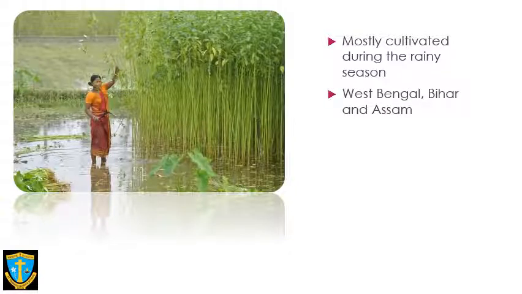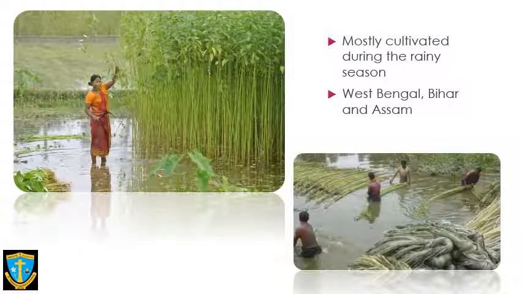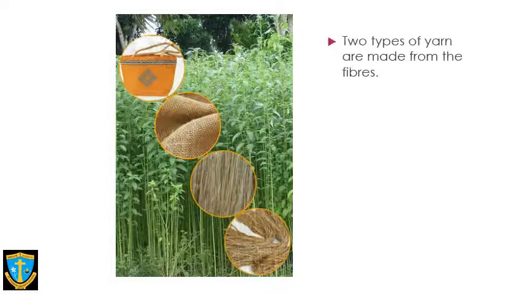West Bengal, Bihar and Assam mostly cultivate jute on a large scale. The jute plant is removed and soaked in water for many days till the stem rots, which then separates out the fibers. From jute, many types of things are made, and two types of yarns are made from these fibers, the coarse ones and the soft ones.